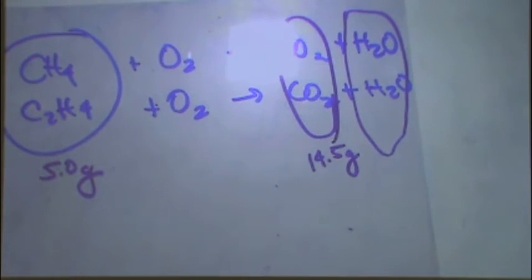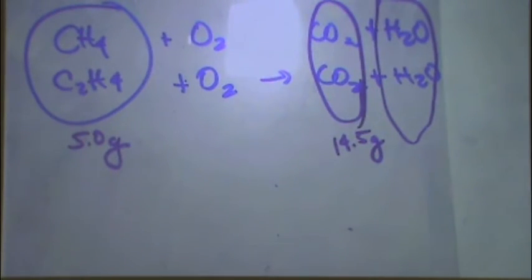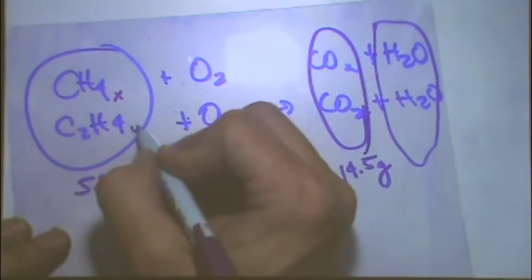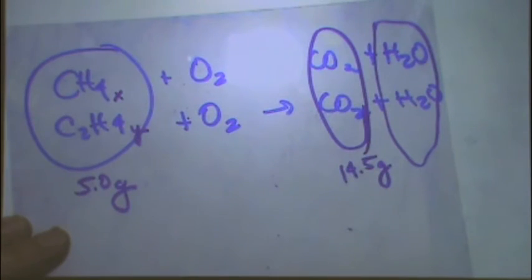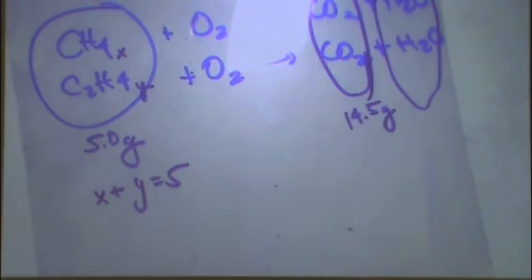Okay, and then what's the percent mass, basically? Here's what I would do. Let's say the mass of this one is X and the mass of that one is Y. So I would just say, well, X plus Y equals 5. One equation, 2 unknowns. I need one more equation, right?